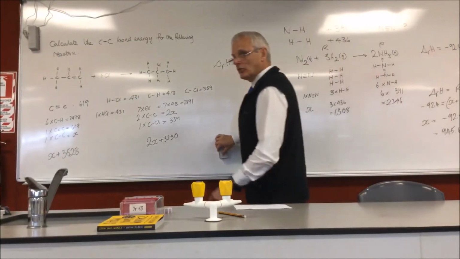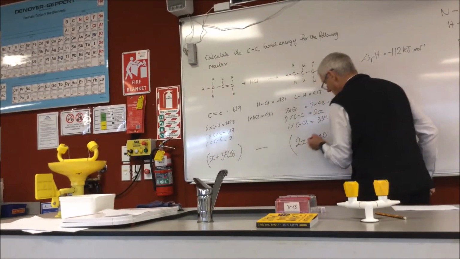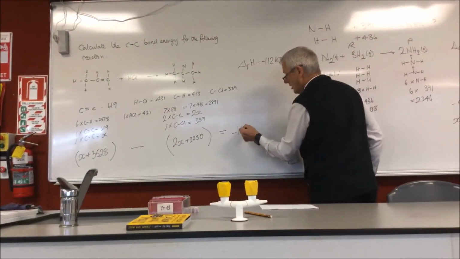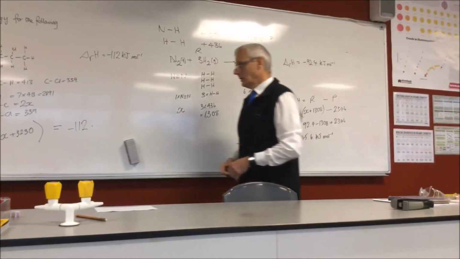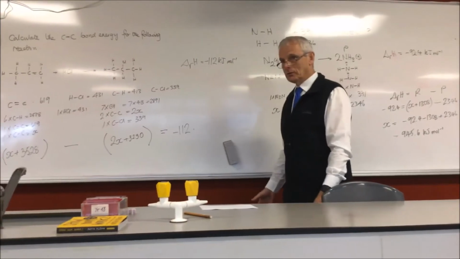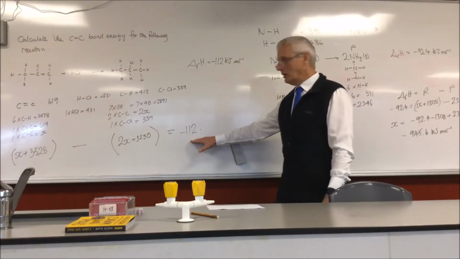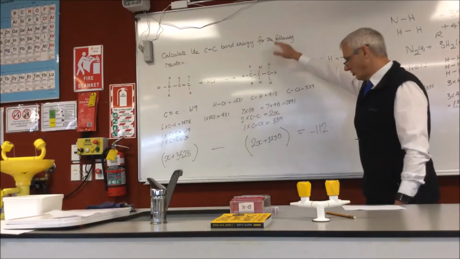So what we've got is that bit there minus that bit there equals minus 112. Remember to burp. Okay. Delta RH is equal to the sum of all of these minus the sum of all of these.